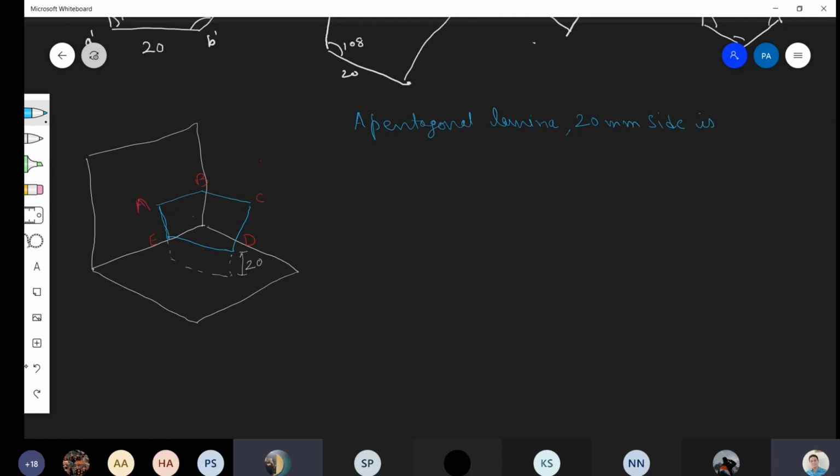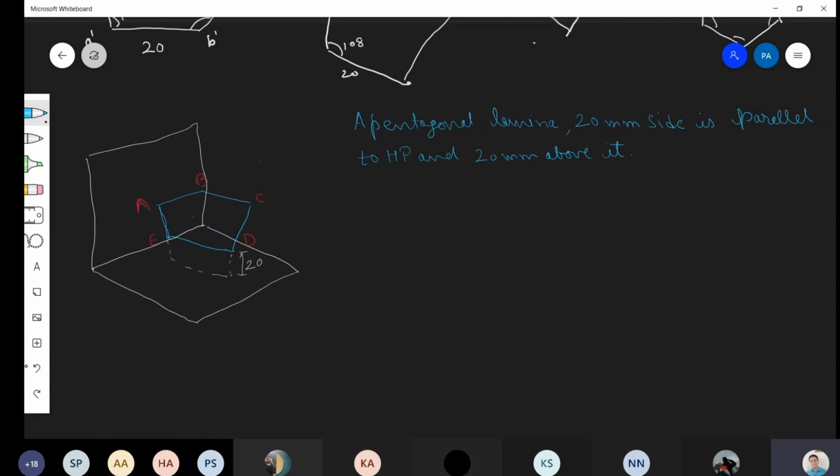No, we'll tell everything is above. Sir, edge. No. Parallel to HP. Yes, is parallel to HP, and what else with respect to HP? Sir, 20 mm above HP. Yes, correct. And 20 mm above it.